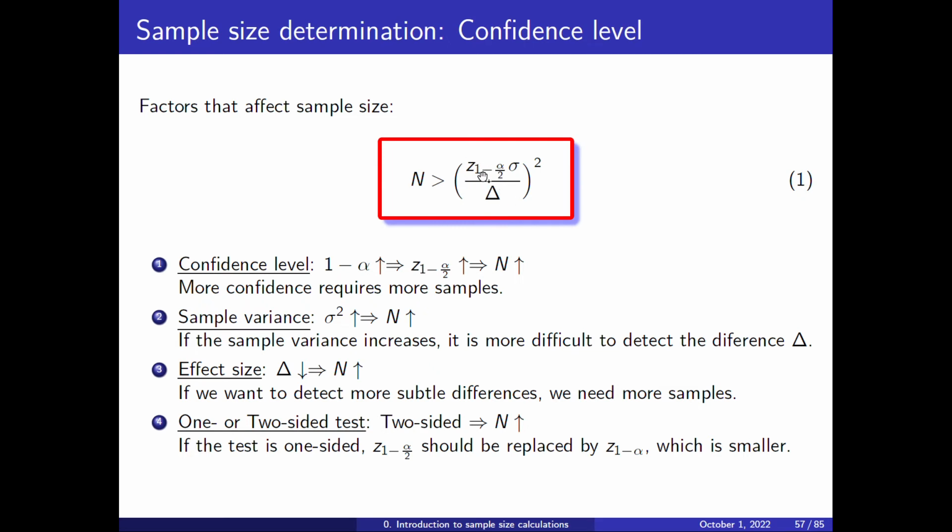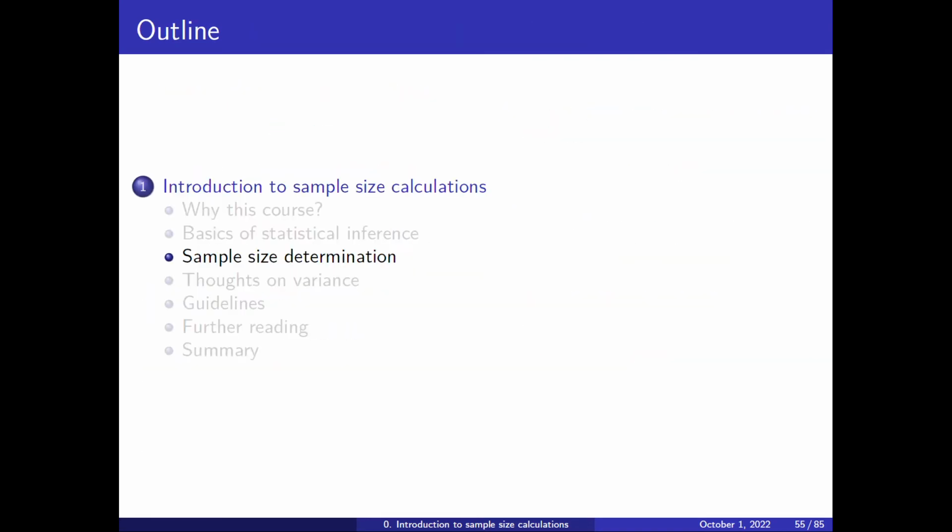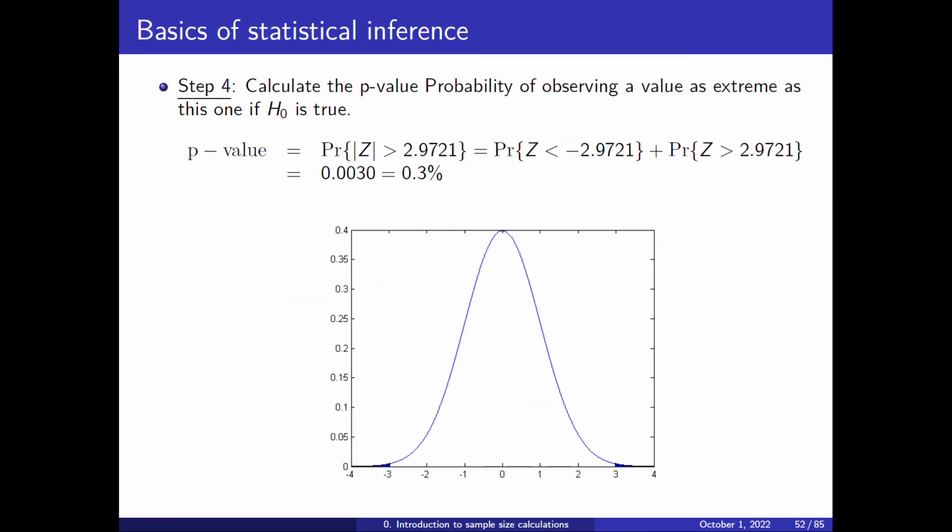So this z 1 minus alpha half means, okay, so this is a nice notation. It is a value such that from minus infinity to that point you have 1 minus alpha half of probability. So alpha was 5%, so alpha half is 2.5%. 1 minus 2.5% is 97.5%.